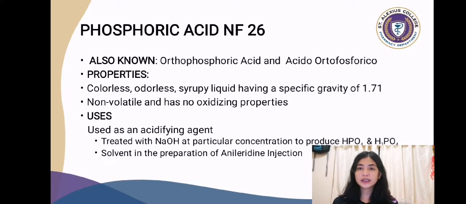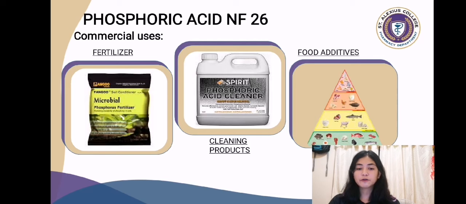It is used as an acidifying agent. It is also treated with sodium hydroxide at a particular concentration to produce HPO4 and H2PO4, and is also a solvent in the preparation of anileridine injection. Some examples are fertilizer, cleaning products, and food additives.